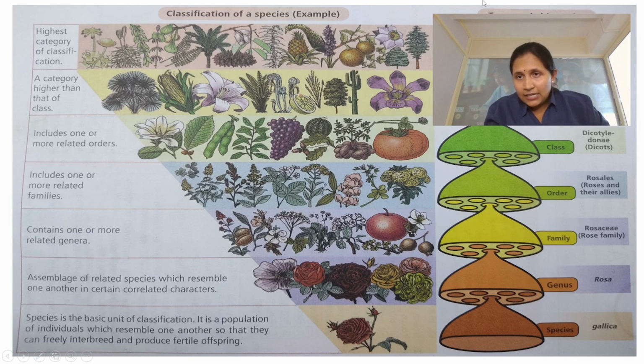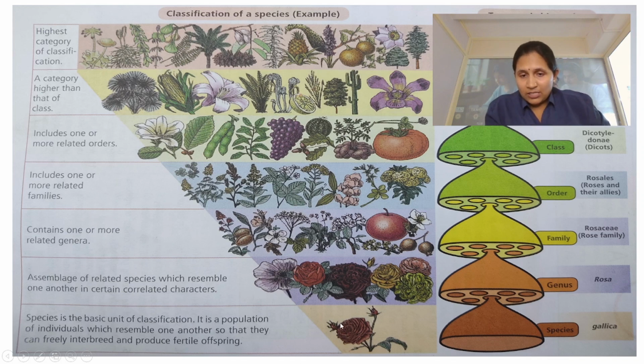If you ask me which two specimens have the highest level of resemblance, it is usually species. One species to another species of the same category have the highest level of resemblance. The higher you go, the resemblance becomes lesser. Yes or no? This is the most resemblance, and as we go higher in this hierarchy it becomes less. These individuals resemble one another, so they can freely interbreed and produce offspring.